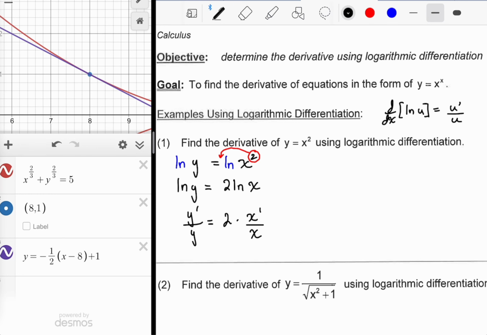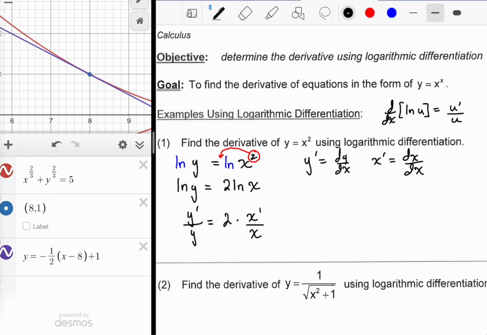All right? So if we know that y prime is the same as saying dy dx, and x prime is the same as saying dx dx, then that makes the x prime irrelevant because that's going to cancel.